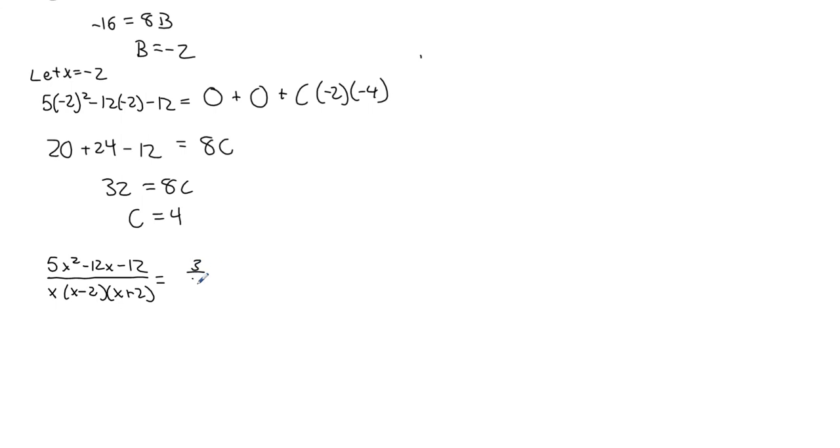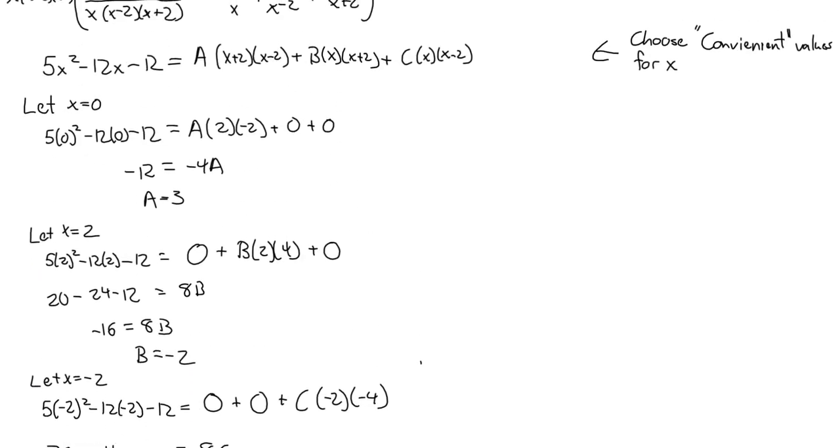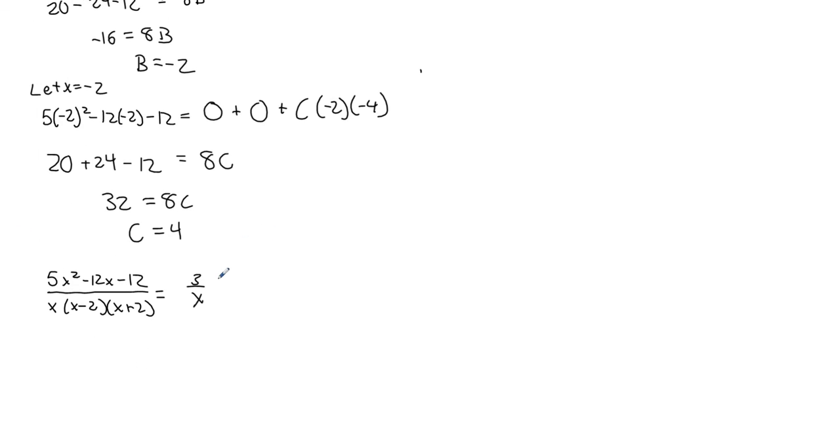So I've got 3 over x, and then just so I don't make a mistake in which order I got, it's going to be b over x minus 2. So plus negative 2 over x minus 2, and then finally it'll be plus the c value, 4 over x plus 2, and I think that's correct. Now this is your partial fraction decomposition.